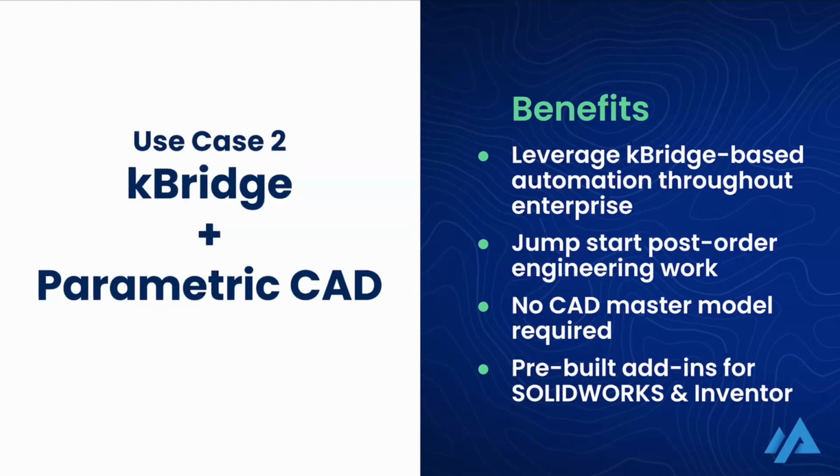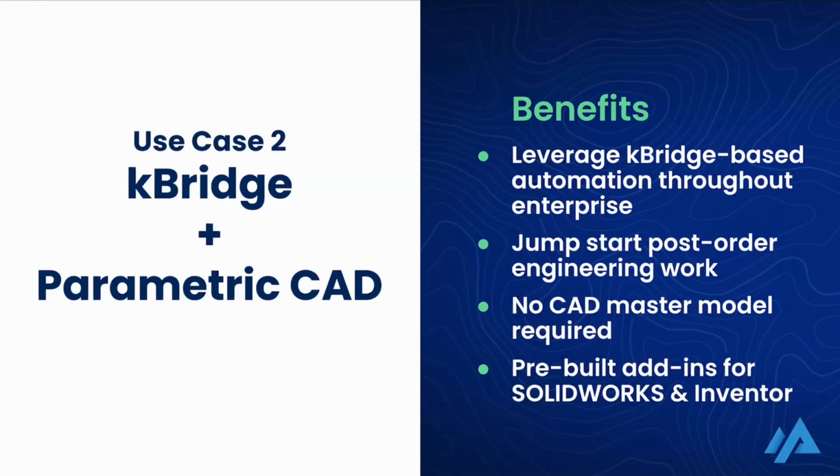What that equates to is you're really leveraging the kBridge automation that's been built that is predominantly used upstream. Now you're leveraging it through the rest of the enterprise for the purpose of post-order engineering and manufacturing. As a reference to post-order engineering, if we're talking about engineer-to-order companies, it's not always that every gazinta or widget or special need or requirement that a customer has is going to be anticipated or predictable.